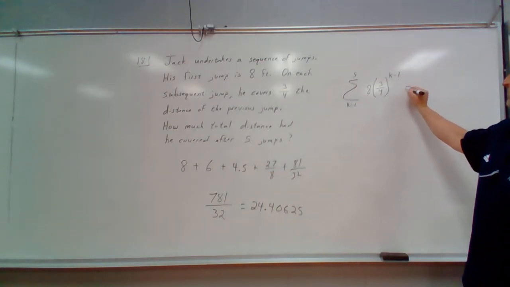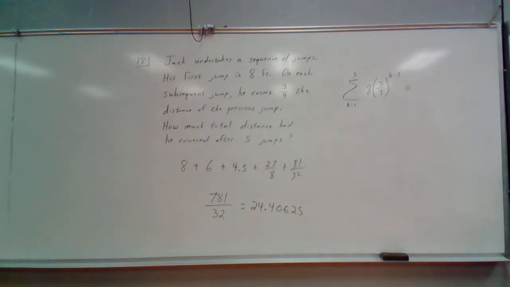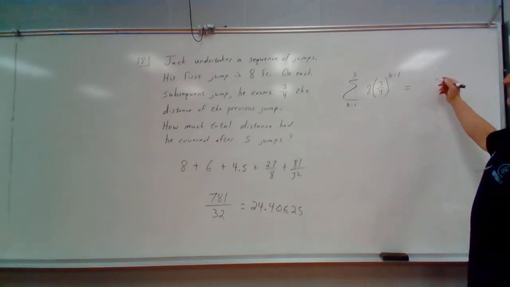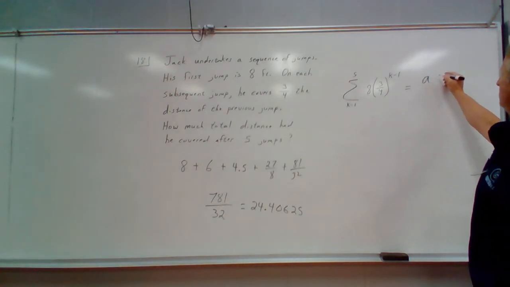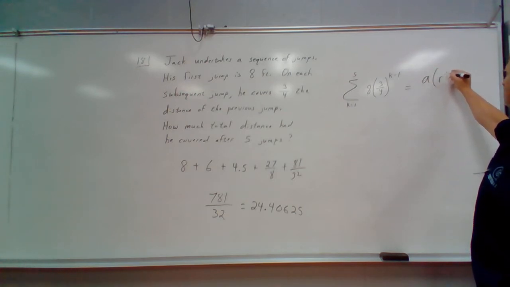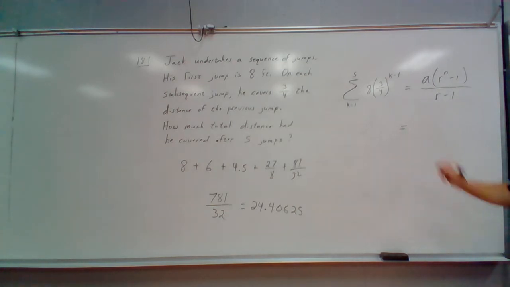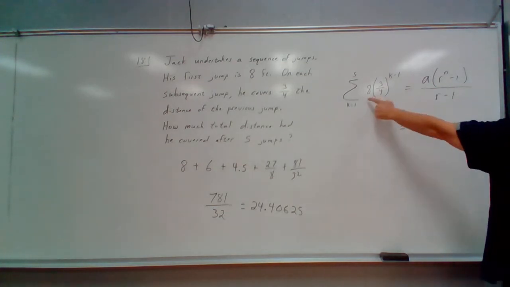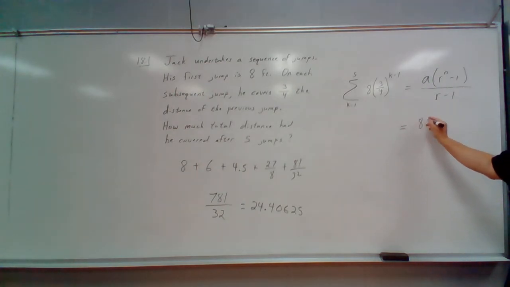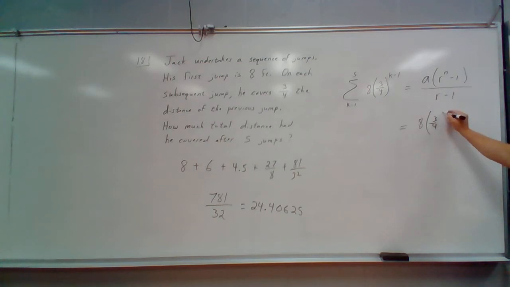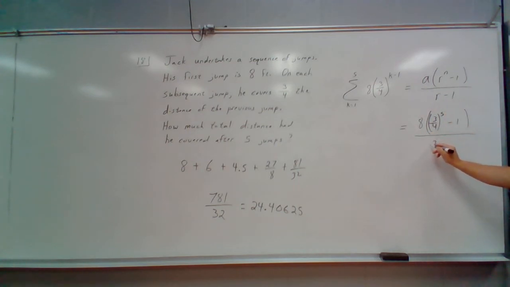And then if you remember, we had a formula. Our formula was A times R to the n minus 1 over R minus 1, I believe. My initial was 8. My common ratio was 3/4. N is 5. So 3/4 to the 5th minus 1 all over 3/4 minus 1.